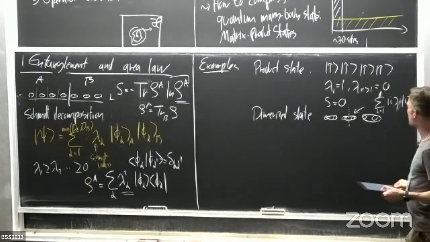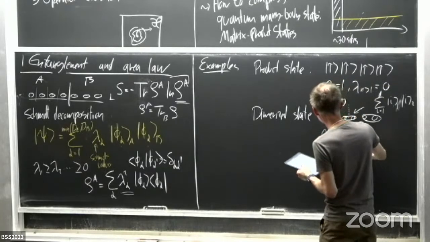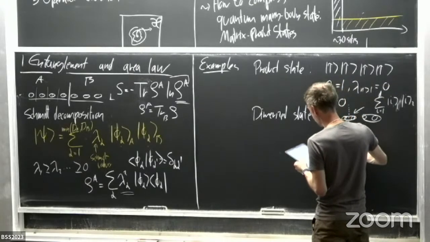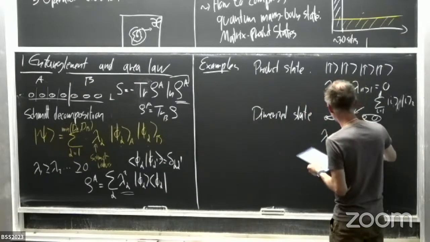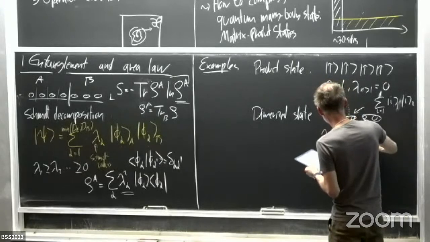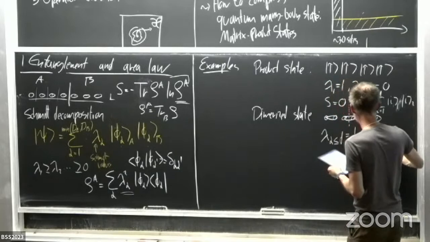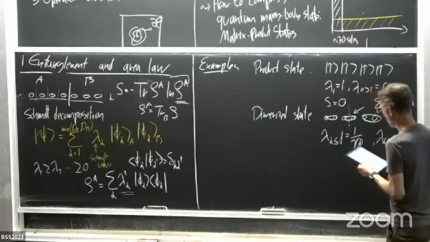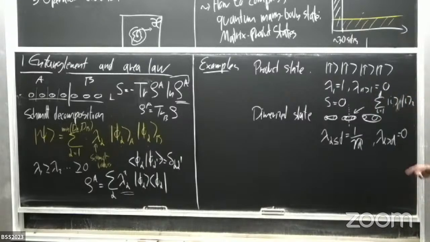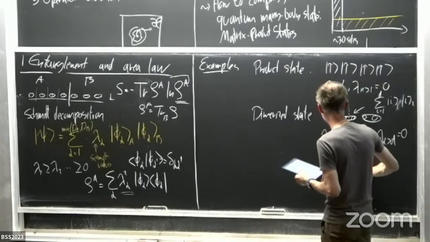Now, for this particular case, we find that lambda_alpha for alpha smaller or equal d is equal to 1 divided by the square root of d, and all lambda_alpha which are larger than d are 0, and the entanglement entropy S would simply be log d.